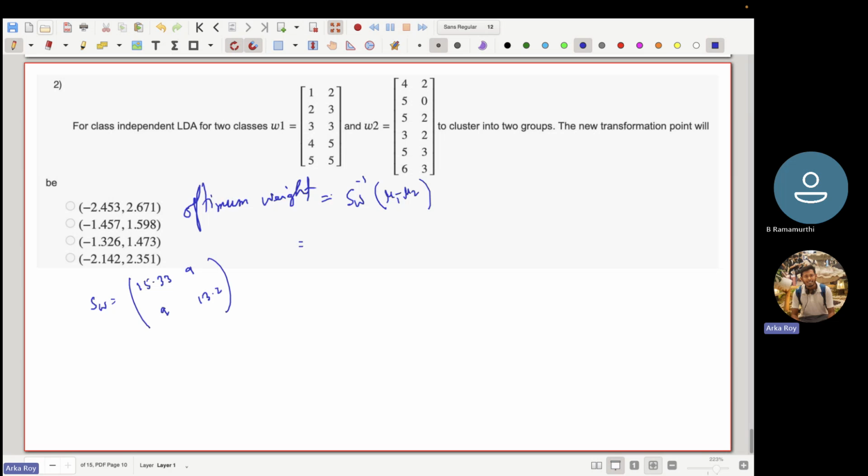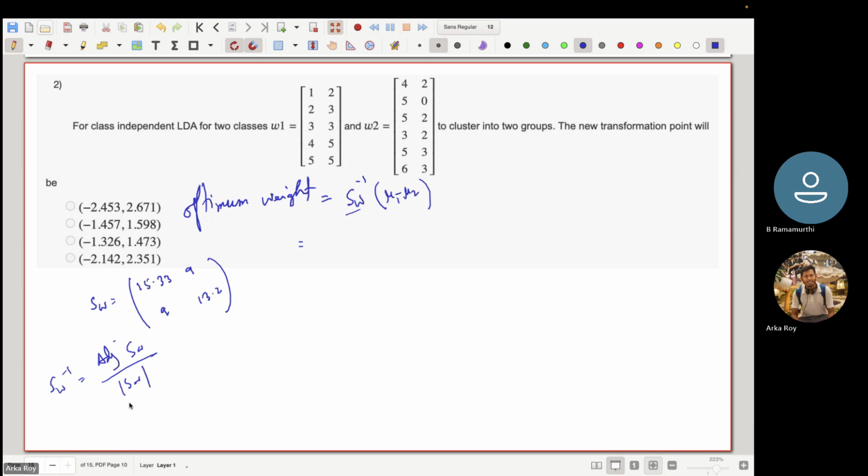So what we have to do is take the inverse. That means SW inverse is adjoint of SW divided by determinant of SW.